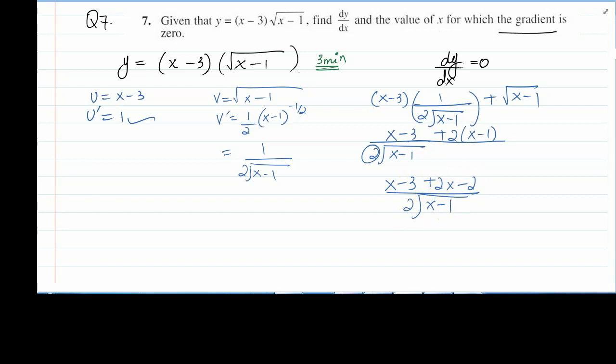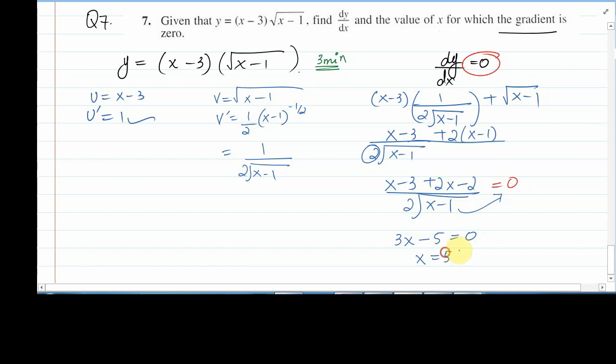The given condition is dy by dx equals 0, so I will equate it with 0. Now this denominator, when you shift it to the right side, it will be 0. So in the numerator it will be x plus 2x leads to 3x, minus 3 minus 2 minus 5 equals 0, and x equals 5 divided by 3. That is your answer.